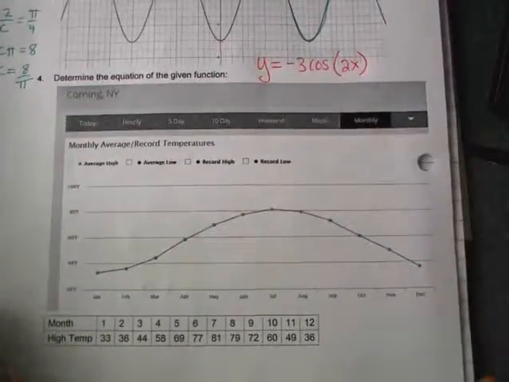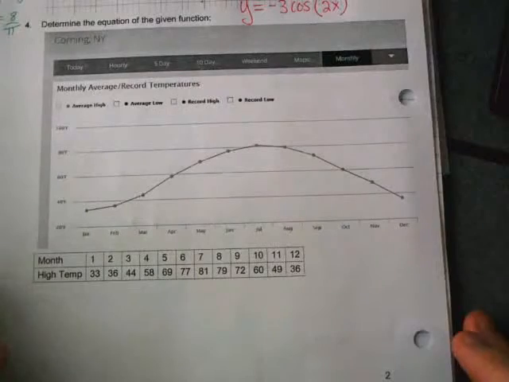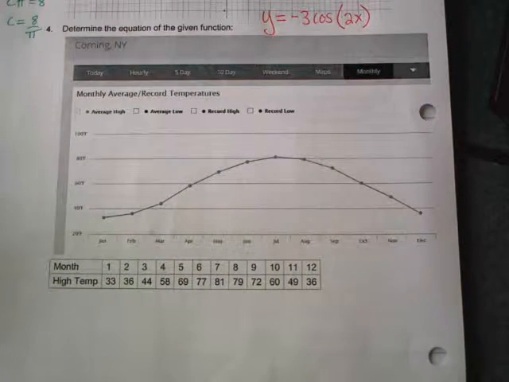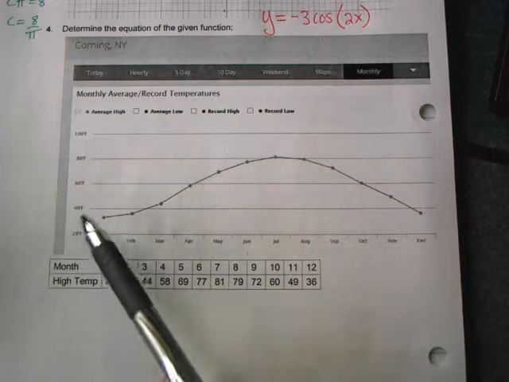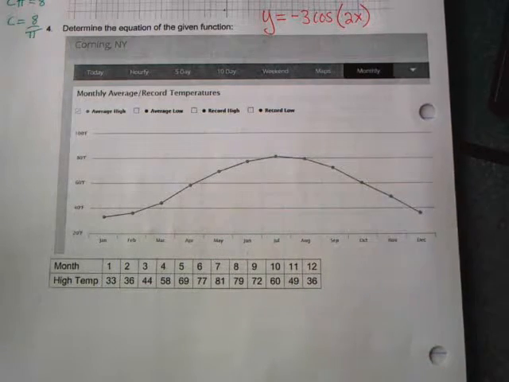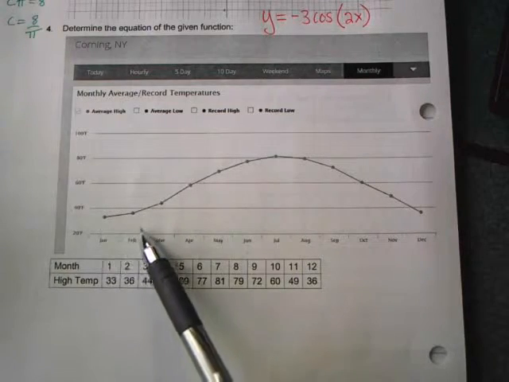Okay, so a real problem. I got this data off of weather.com. This is the average high temperature each month in the city of Corning for the last year. The average low temperature looked pretty much just the same, by the way.